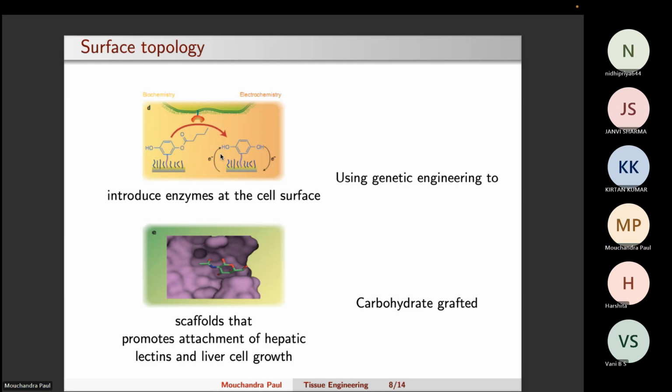Now, I think the fifth way is you can use some carbohydrates. This example is specific for liver cell growth, where people have grafted some carbohydrate molecule onto the biomaterial surface, which promotes the adhesion or adsorption of a protein called lectin. Once lectin gets adhered, the liver cells can adhere properly on it and will grow nicely.